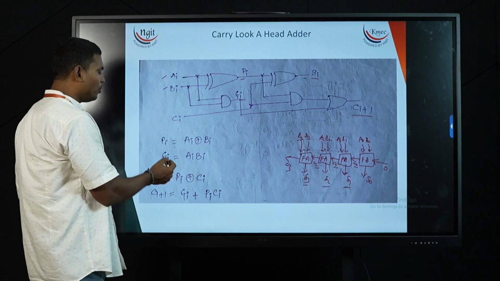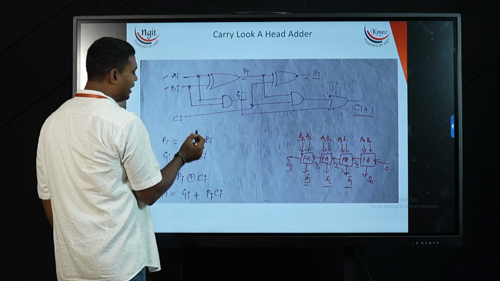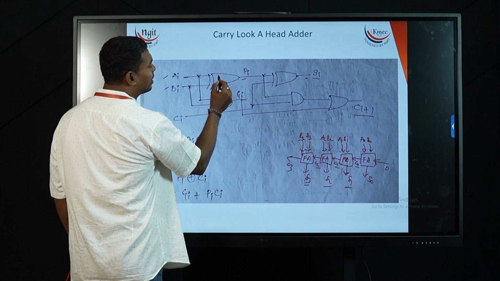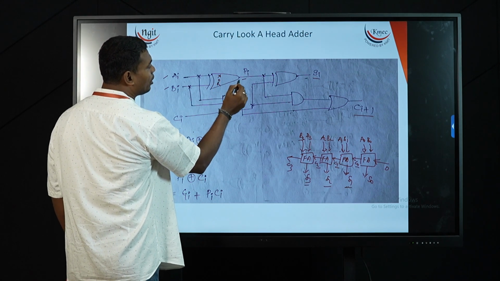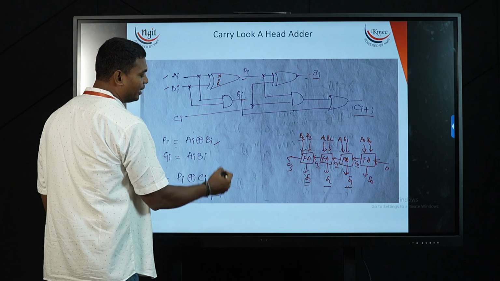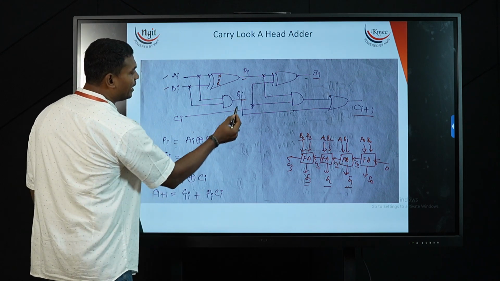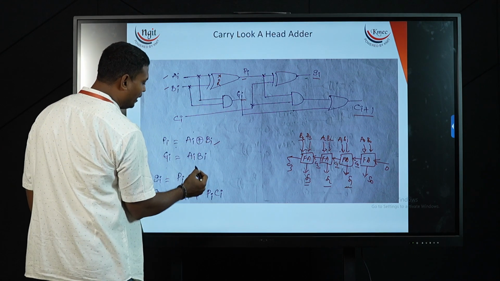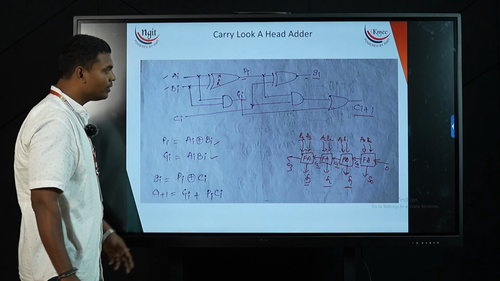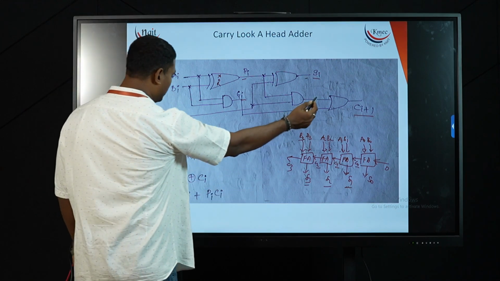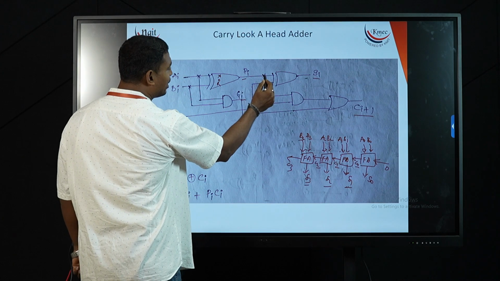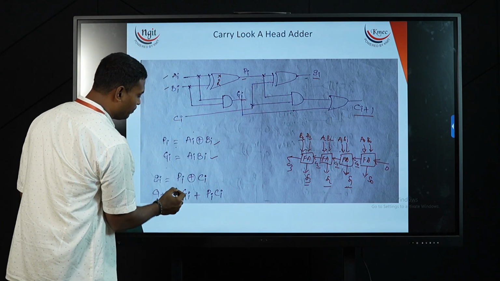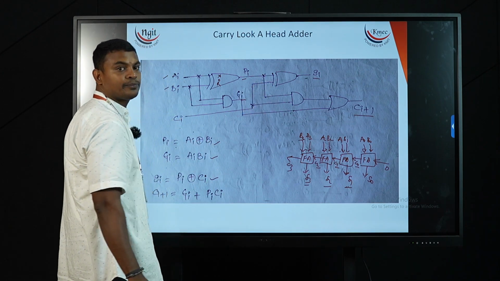Now Pi is equal to Ai XOR Bi, the direct formula I am writing here. Next, Gi is the AND operation between Ai and Bi. Next, Si means Pi XOR Ci.